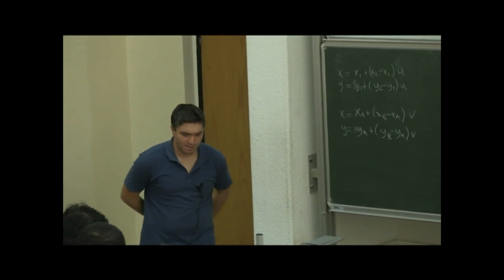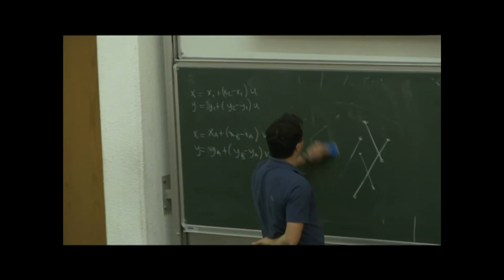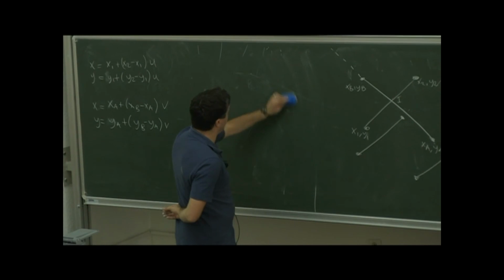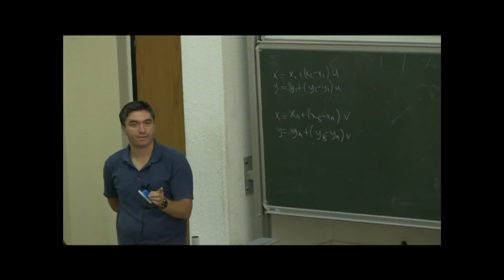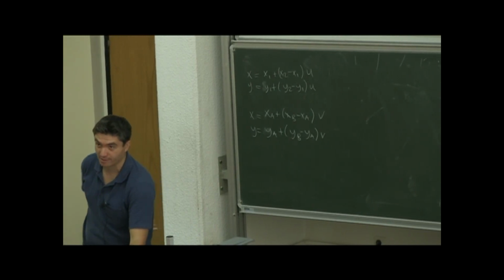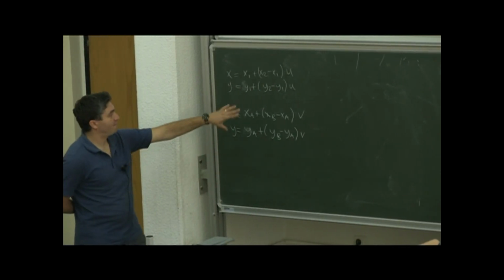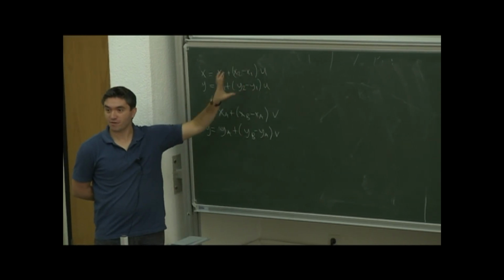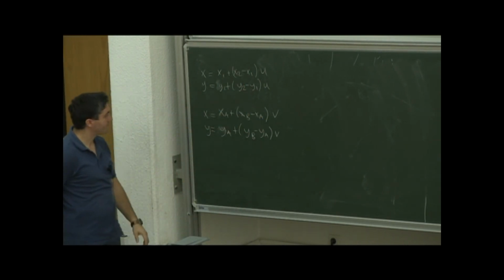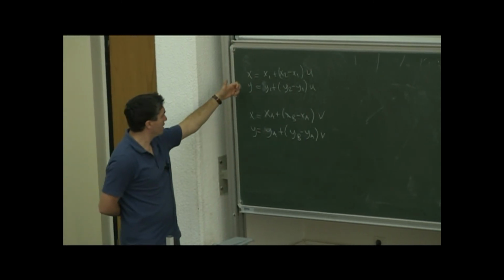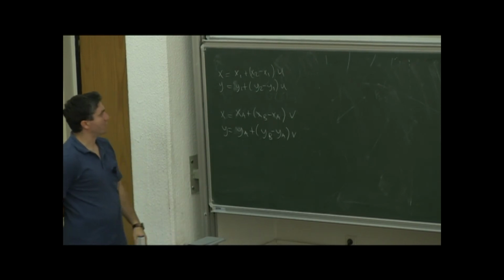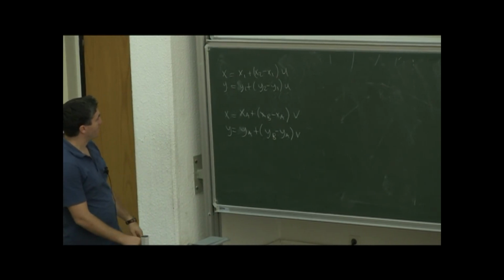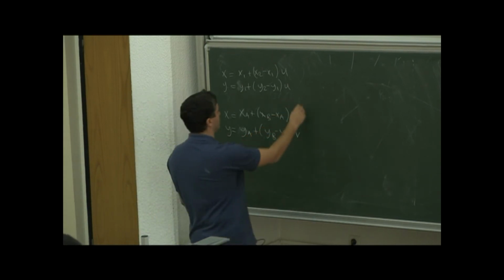Now, if they intersect, both u and v have to be between 0 and 1. It's not enough to have u between 0 and 1; v also has to be between 0 and 1. So if they intersect, the x's and y's are equal to each other, so we can directly make these equal to each other.